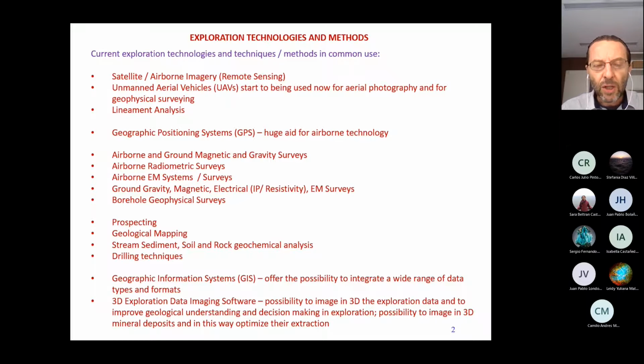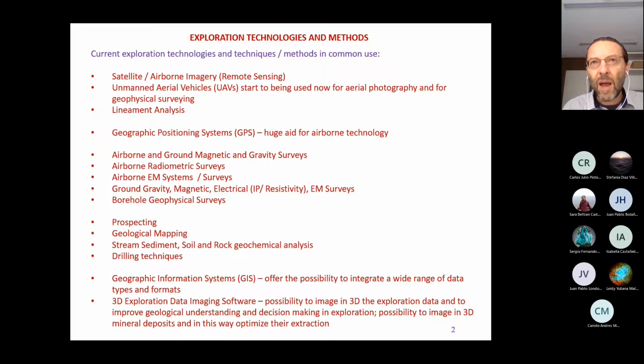Now, coming back to the topic of this course, the remote sensing methods. When we talk about remote sensing, we think about imagery from satellite or airborne aerial photographs. However, in a sense, airborne geophysics is also remote sensing. It's just a different field that we sense.